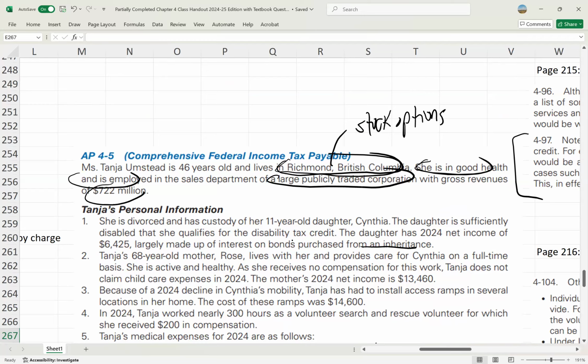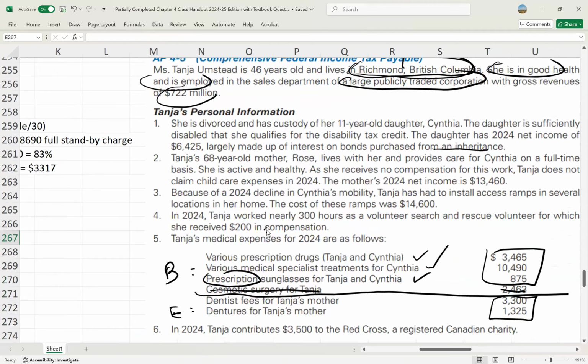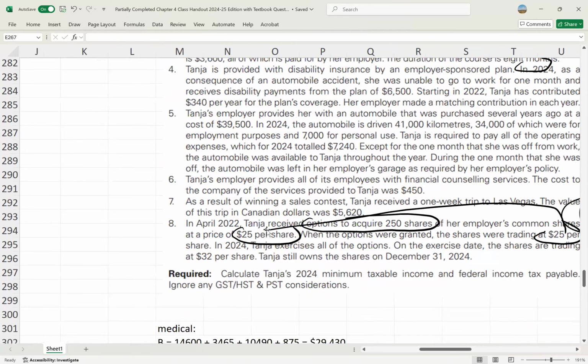If you remember from when we went through stock options a couple of weeks ago, if the company giving you the stock option was not a CCPC and their gross revenues were over 500 million, which this one is, we have to figure out whether there are a certain number of shares that are qualifying and a certain number that are not qualifying, based on that $200,000 amount per employer per year. So let's quickly review that and see how that applies to this particular stock option.